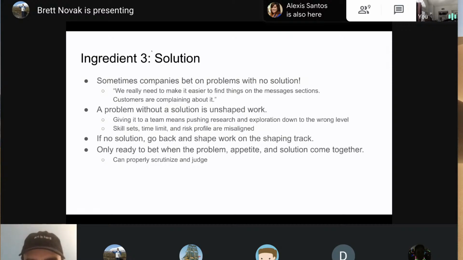By the time we get to here, we have a problem, and then we have to think about what the problem is and how to solve it. And I think the issue most of the time is how you come up with a solution.